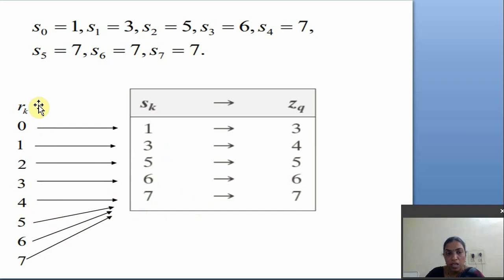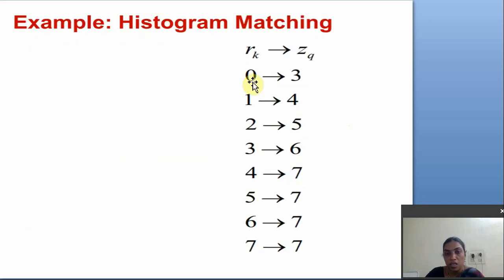You just verify. So the RK to SK mapping is like this: 0, 1, 2, 3, 4, 5, 6, 7 is equal to 1, 3, 5, 6, 7, 7, 7, 7. In the same way here SK is mapped to ZQ. So here you can get finally the RK values 0, 1, 2, 3, 4, 5, 6, 7.